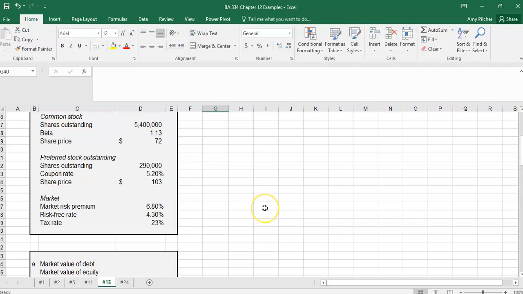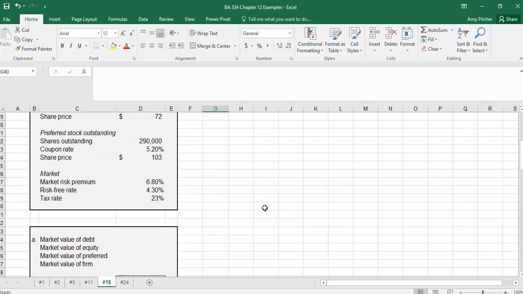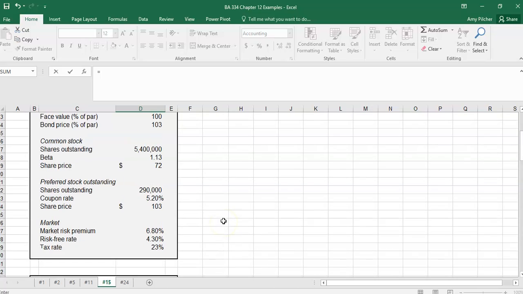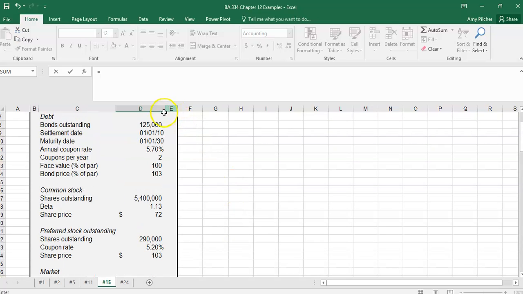So first, we're going to start with the market value of our debt. We have 125,000 bonds outstanding times the $1,000 par value of our bond times the bond price percent of par.